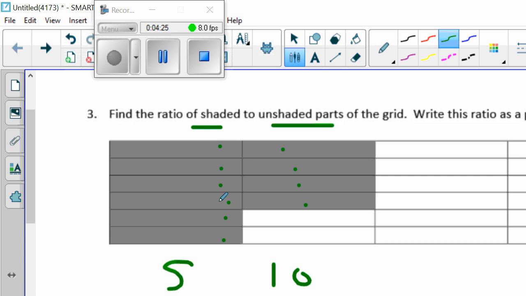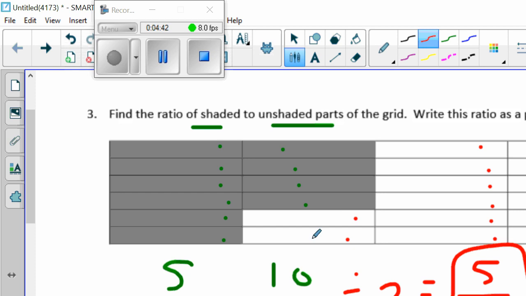And our unshaded: 1, 2, 3, 4, 5, 6, 7, 8, 9, 10, 11, 12, 13, 14. So I have 10 over 14. I'm going to divide them both by 2. That's going to give me 5/7. 5 and 7 don't have anything in common, so I'm going to leave it.